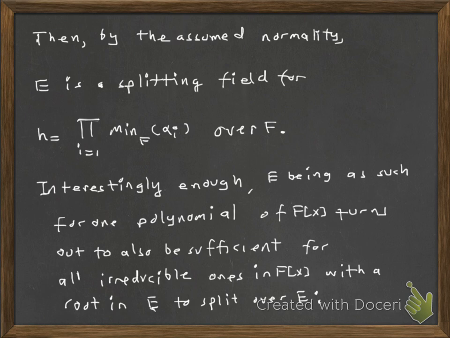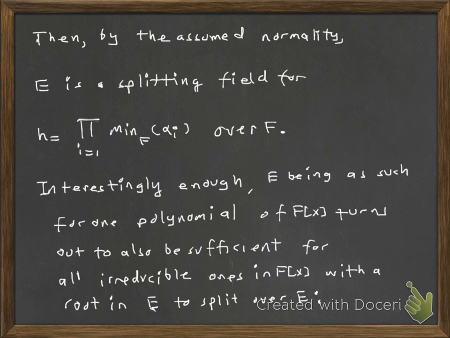Reversing this argument, it's interesting to see that for E to be the splitting field for a single polynomial in F[x] is sufficient for the finite degree extension of F to E to be normal.